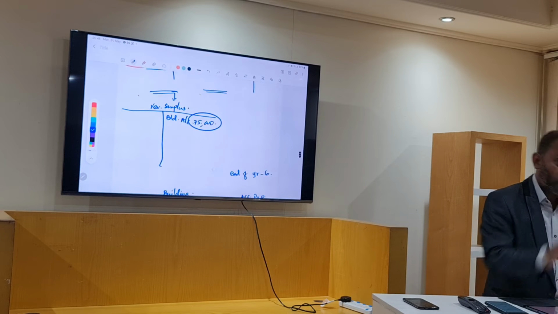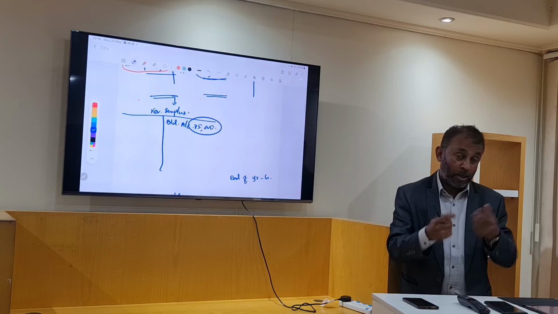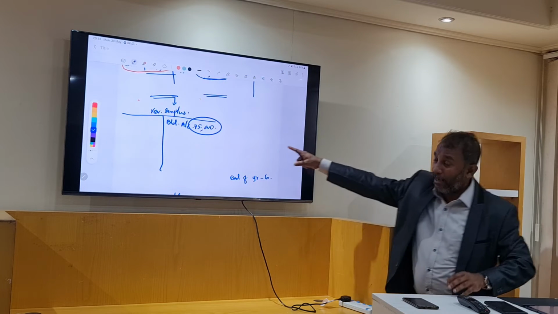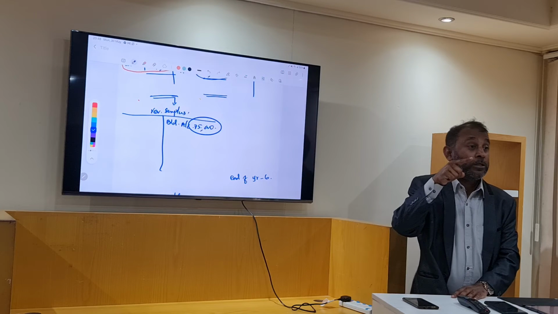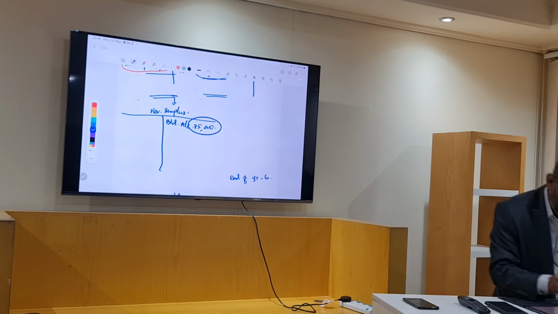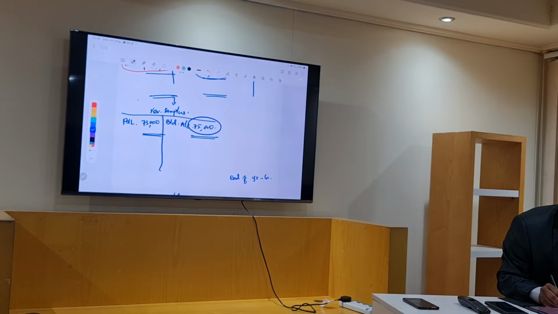This is a book entry, please remember, no cash. Now I am selling this, so can I keep this book benefit? I need to close this also, and then transfer this to your P&L, 75,000.